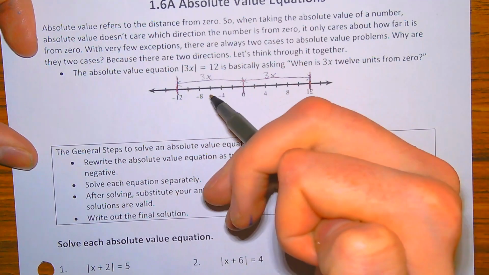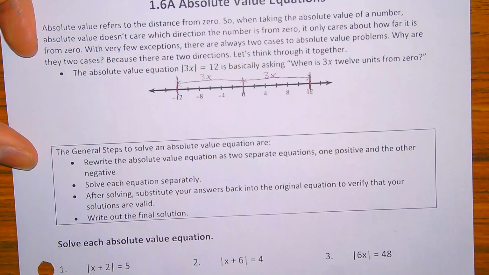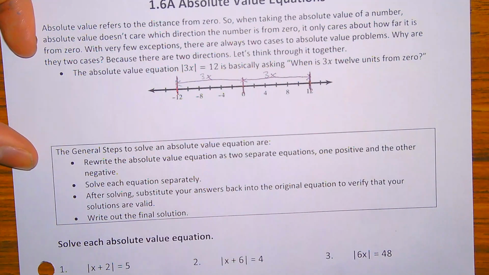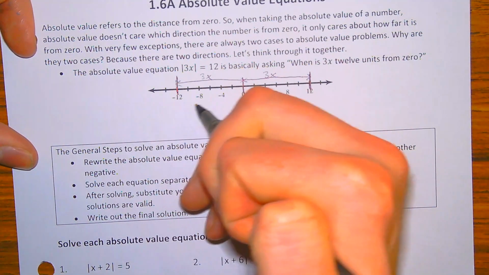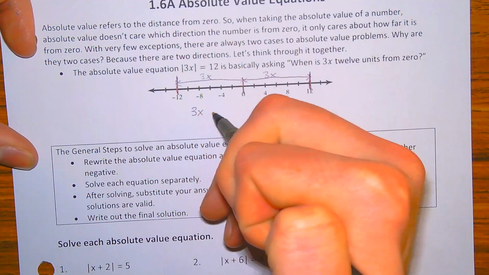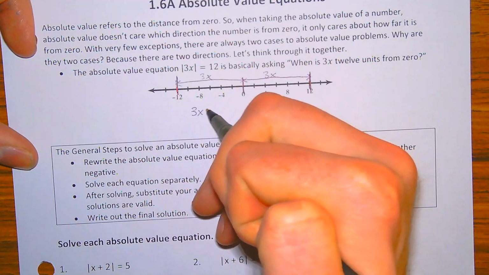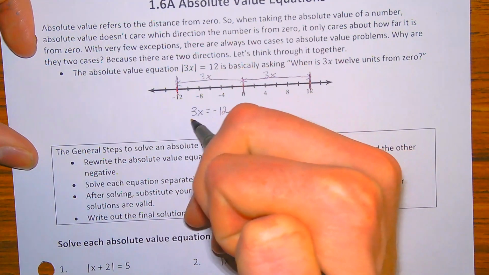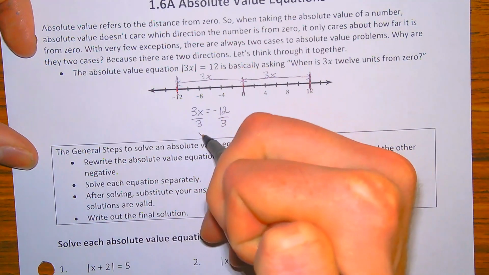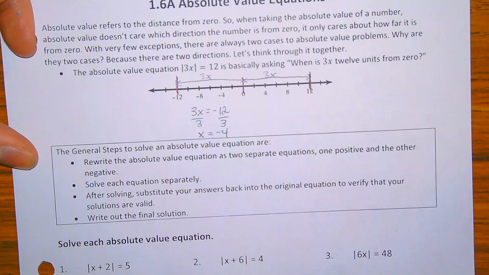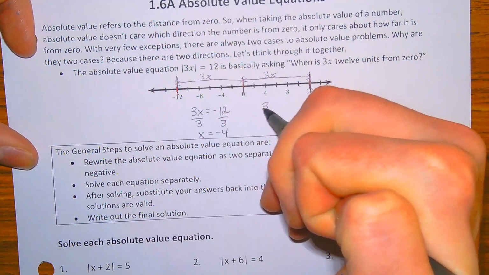What they'll ask us to do in all of our assignments afterwards is solve for that x value. So in this case, I want to know what x is. We know that 3x is negative 12 away, so we set it equal to negative 12. We divide the 3 away, and we get x is equal to negative 4. The same goes for this one over here.